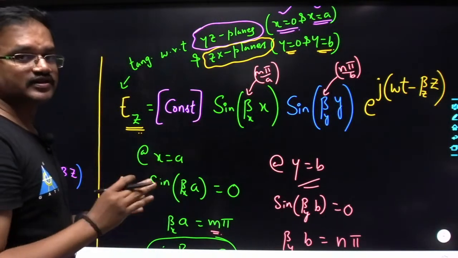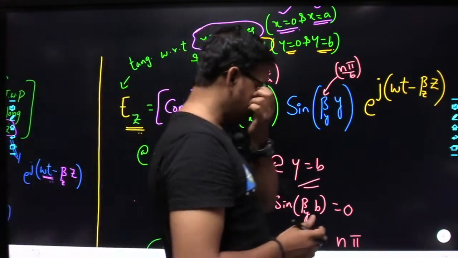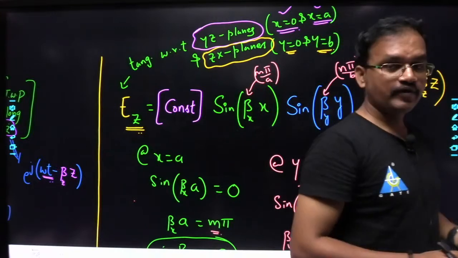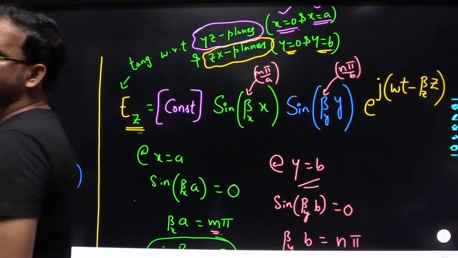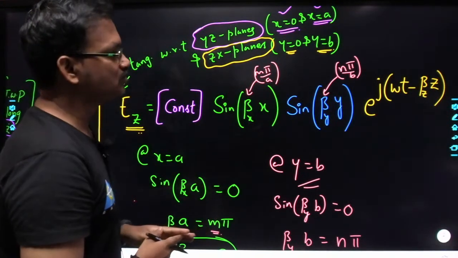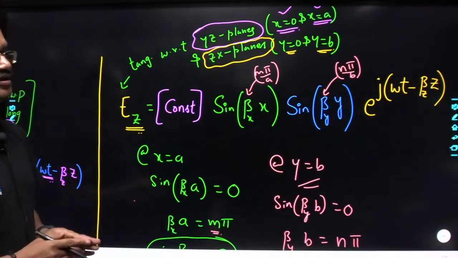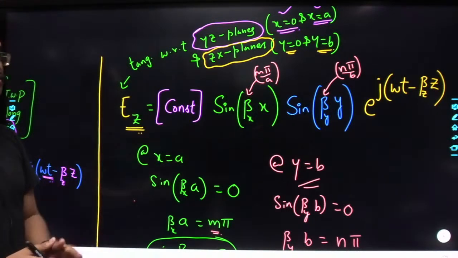Based on the boundary conditions only, we can write the solutions of the field patterns inside the rectangular waveguide. There is no need to do all the mathematical calculations and derivations in order to write these solutions.